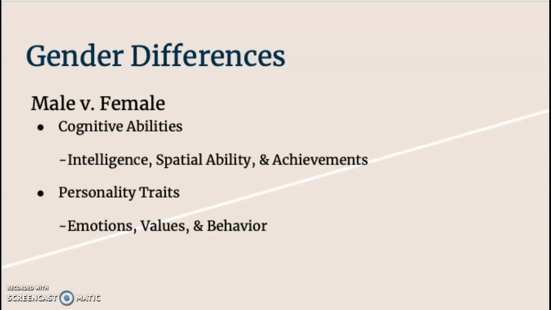So, for instance, women are considered to have a bad sense of direction, while males are known to mature later in life. So many of these stereotypes have been proven, but they're not accurate in all cases. So your book touches on cognitive abilities and personality traits, the differences between the two, and just having this general background can help you care for these individuals that much better.